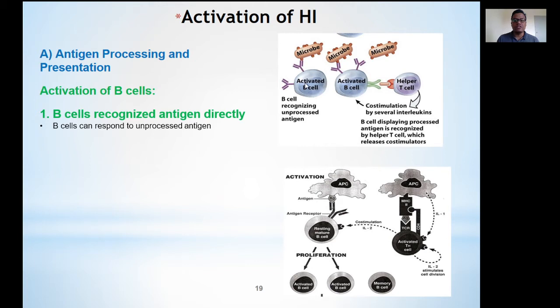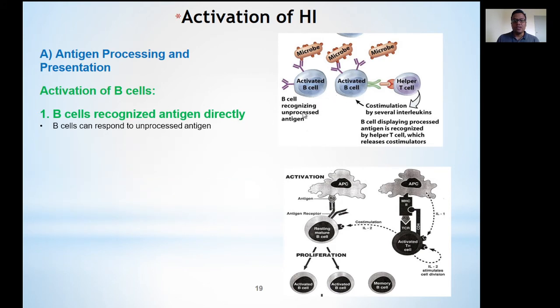Each of the B cells will have antibody receptors on their surfaces. We already mentioned earlier that there are around 10 million types of B cells, meaning 10 million types of B cells with different antibodies. So there will be one antibody that will match the antigen on the microbe or the pathogen.